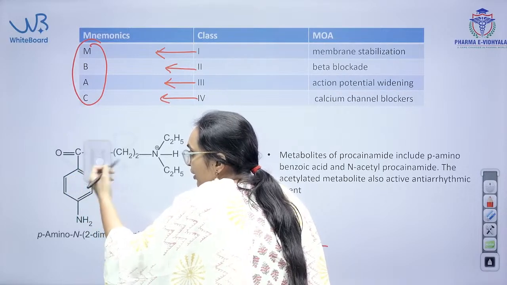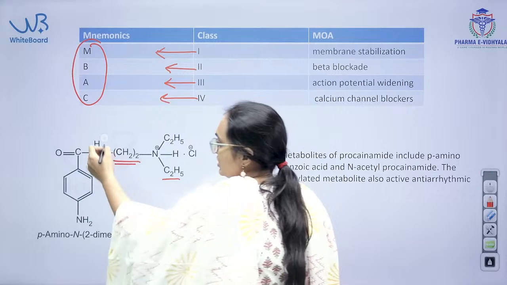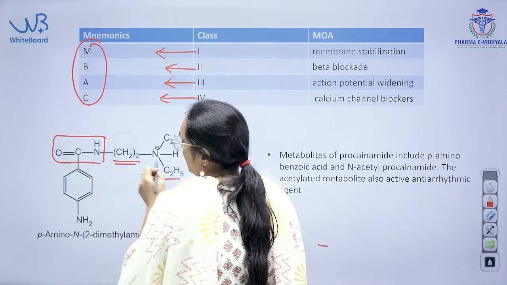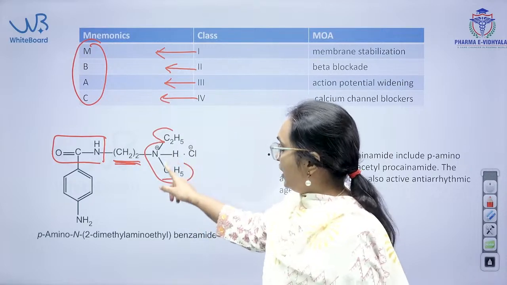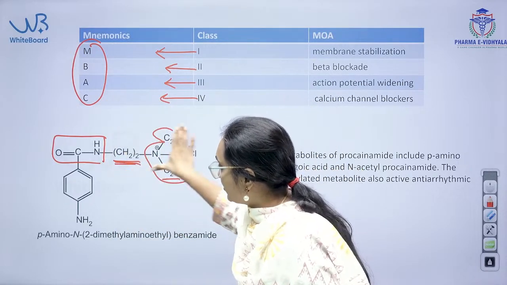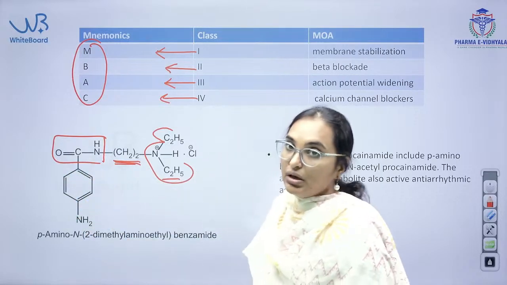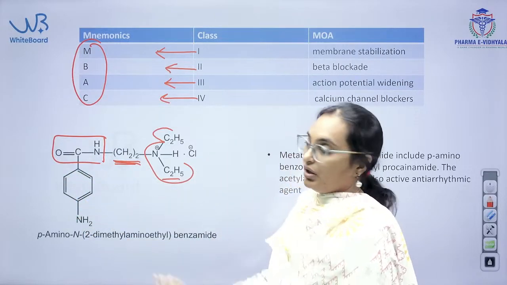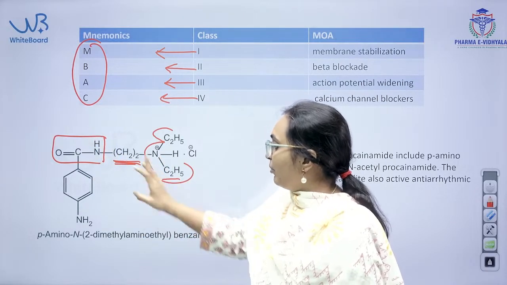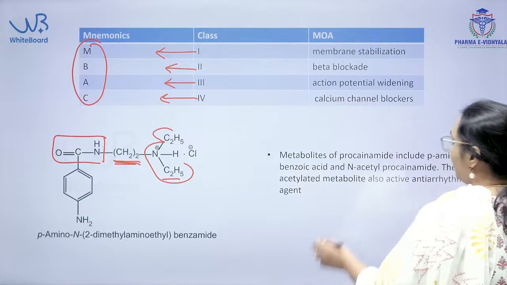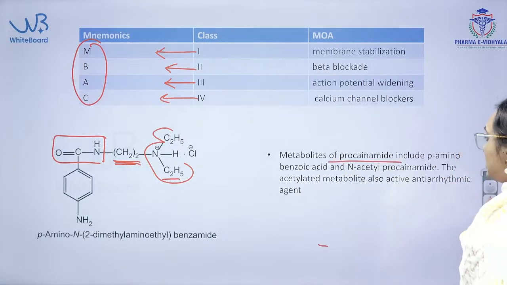To the amide functional group, the substitution is diethylaminoethyl, attached to para amino benzamide. And importantly, procainamide also acts as an anesthetic.